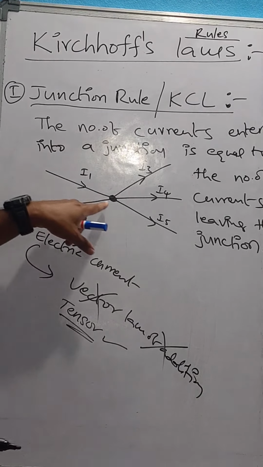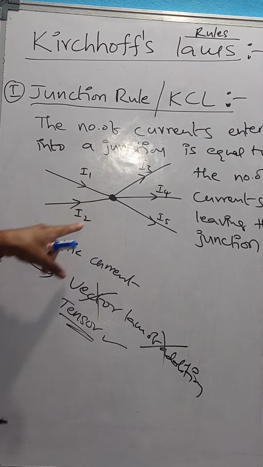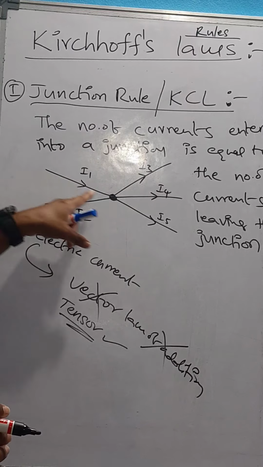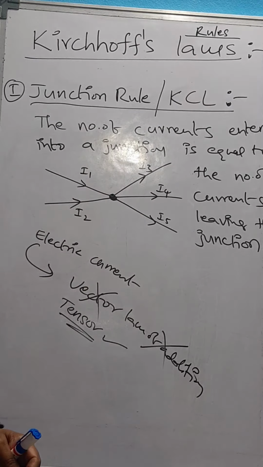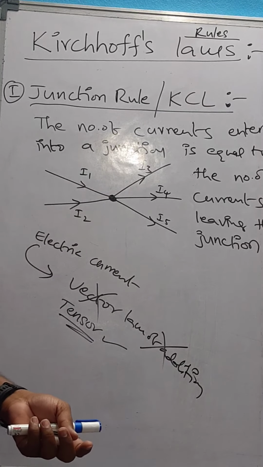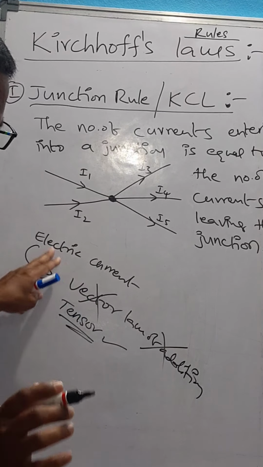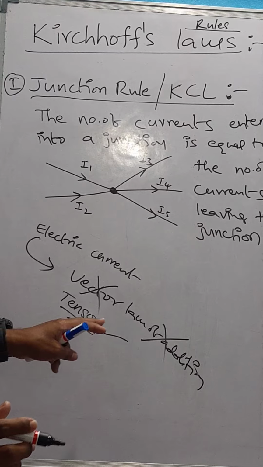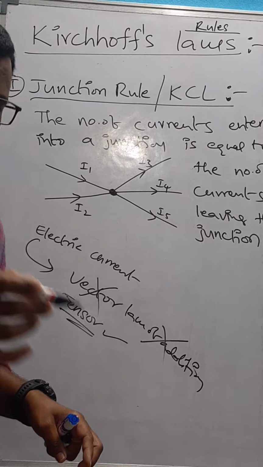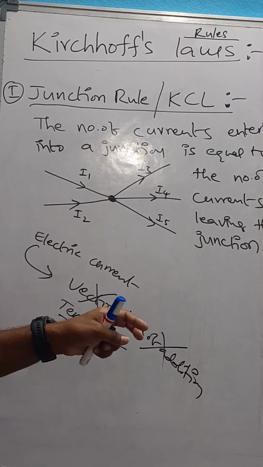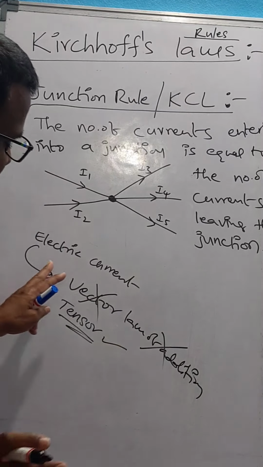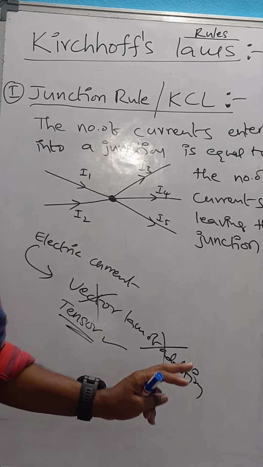So here, if electric current were a vector, I1 and I3 being vectors, then we would need to take a resultant vector. But electric current is not a vector quantity. It has direction and magnitude, but it does not obey the vector law of addition.